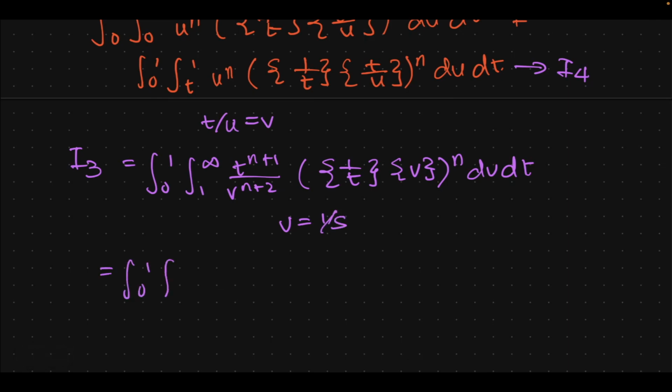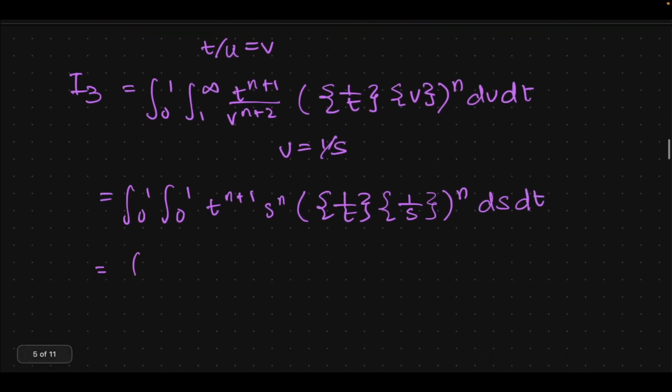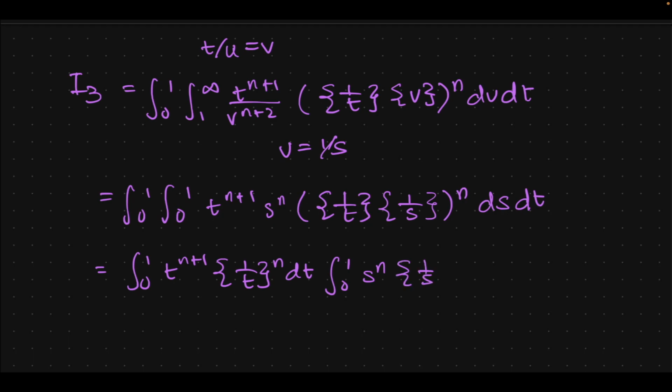So we get 0 to 1, 0 to 1, t to the n plus 1, s to the n, 1 over s to the n, ds dt. Now we can split this up into two separate integrals, t to the n plus 1 dt, and 0 to 1 of s to the n, 1 over s to the n, ds.